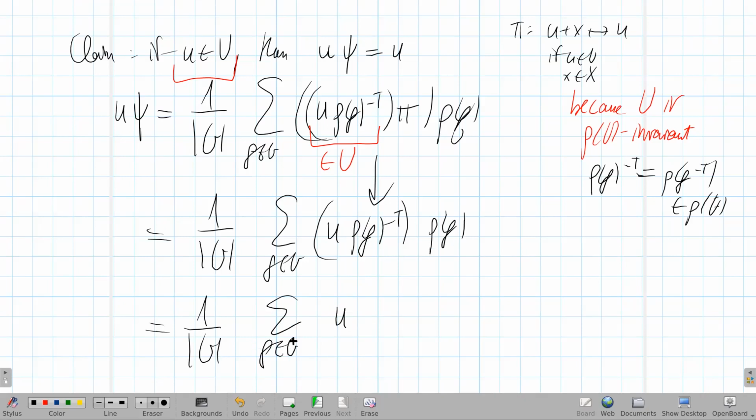And you're summing over G, there's no G here. So this is simply 1 over G, order of G factors U, and this is just U. So we have seen that U Psi is U, okay?